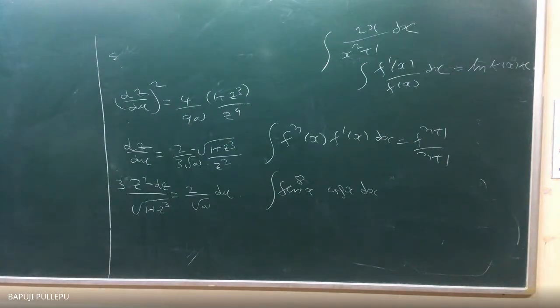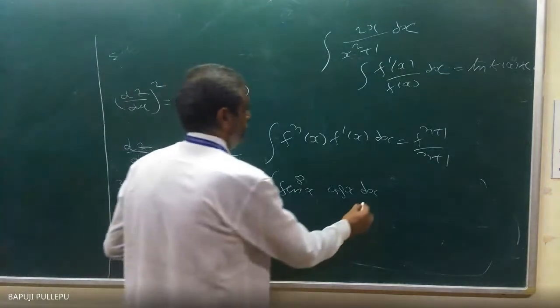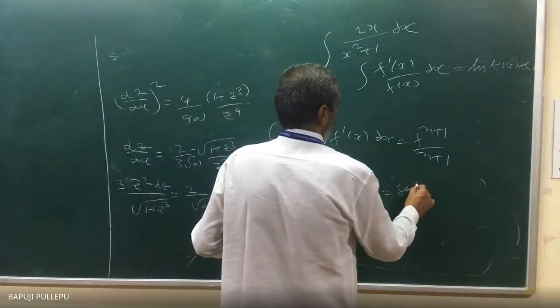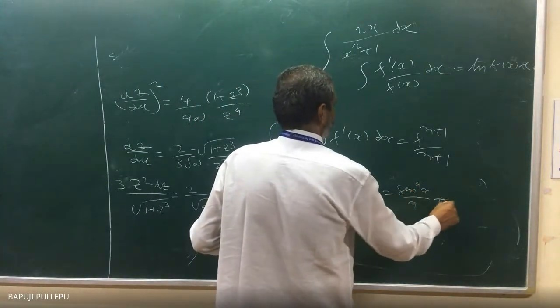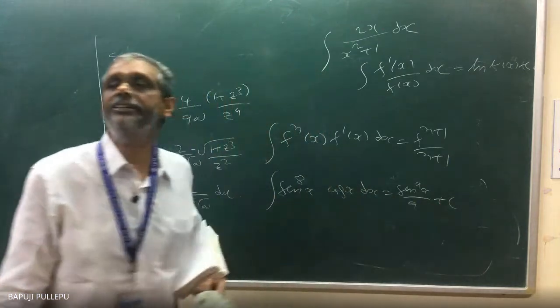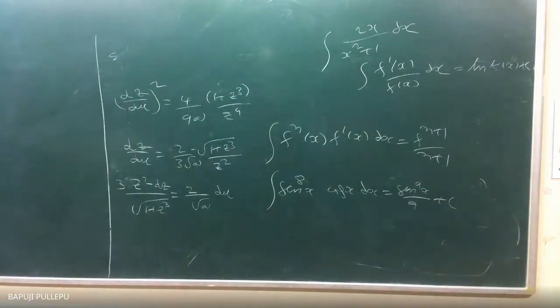Put sin x is equal to t, then cos x dx equals dt, so t power 8 gives t power 9 by 9. No need for substitution. Function power n, its derivative means function power n plus 1 by n plus 1. So answer is what? Tell me. Sin power 9x by 9 plus c. That is the exponent formula, guys. And another formula is there.